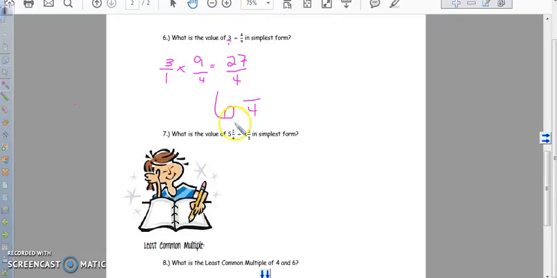Now I'm going to do 4 times 6 is 24, and I subtract that from up here. So 27 minus 24. So 24, 25, 26, 27. So 3. So 6 and 3/4 is my answer.